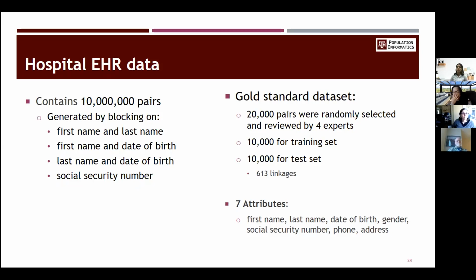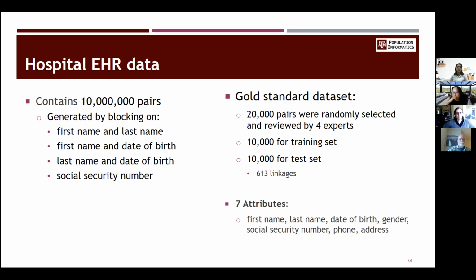EHR data is a big data set with 10 million pairs generated by first name and last name, first name and date of birth, and last name and date of birth, and social security number. 20,000 pairs were randomly selected as a gold standard data set and reviewed by 4 experts to generate the labels. We use 10,000 of these as a training set and 10,000 as a test set.